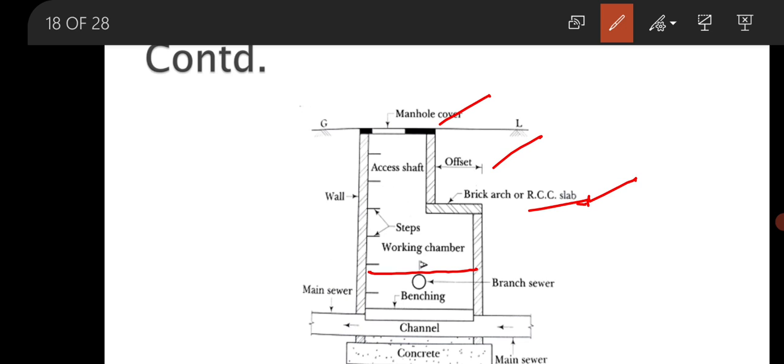It also contains the facility to go down up to its bottom. See here, steps are provided, and it is provided with a heavy cover at its top.